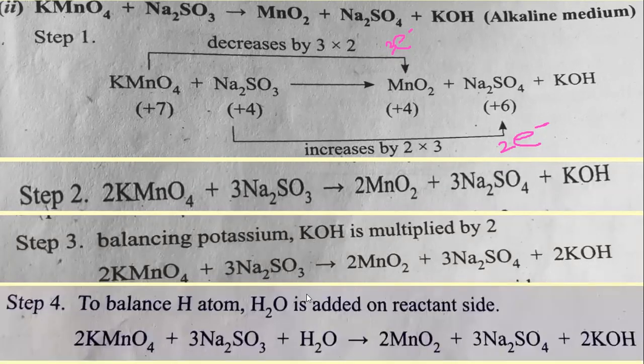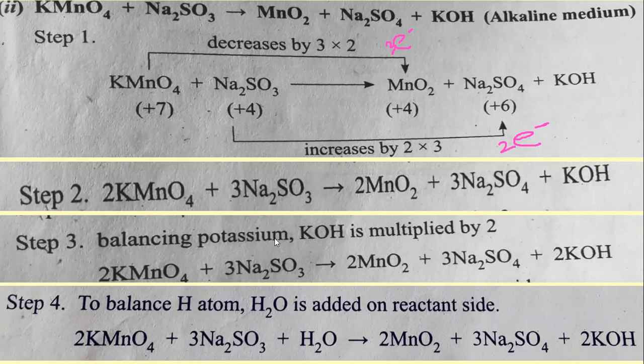Okay. So in the last step we have to balance the hydrogen atom by adding H2O on the reactant side, because in the question itself they have given some clue, that is alkaline medium. So alkaline medium means there will be the presence of OH group.